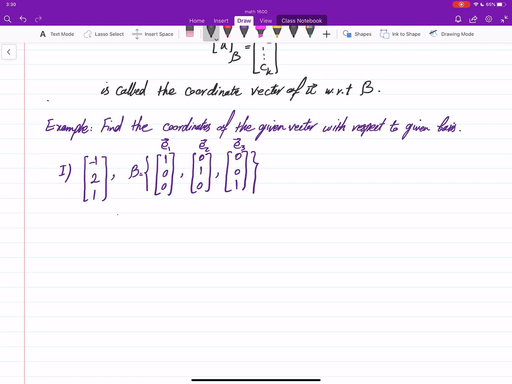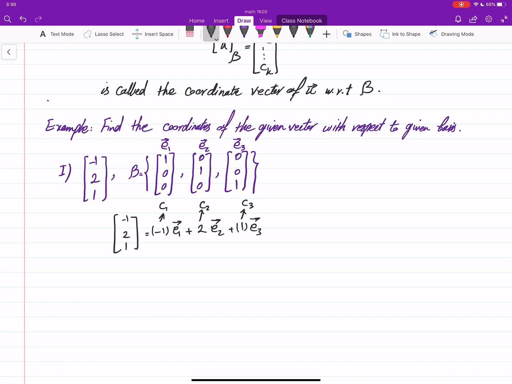While it's obvious what to do here, -1, 2, 1 is equal to -1 times E1 plus 2 times E2 plus 1 times E3. So the coefficient of E1 is C1, of E2 is C2, of E3 is C3. There's only one way to write this, and those are these.